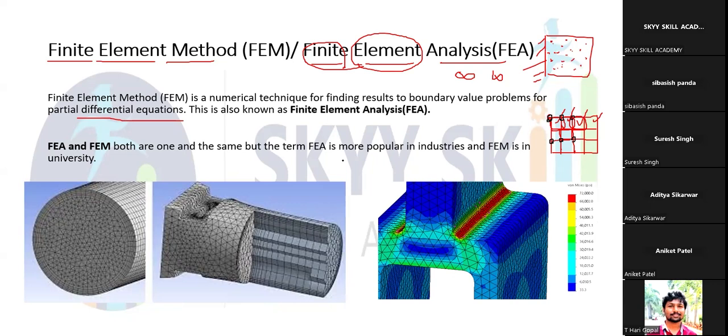Now you can ask, sir, how does it give us a result in between the nodes? By using a mathematical tool or process known as iteration, it is going to give us the result at the middle or at any of the points.